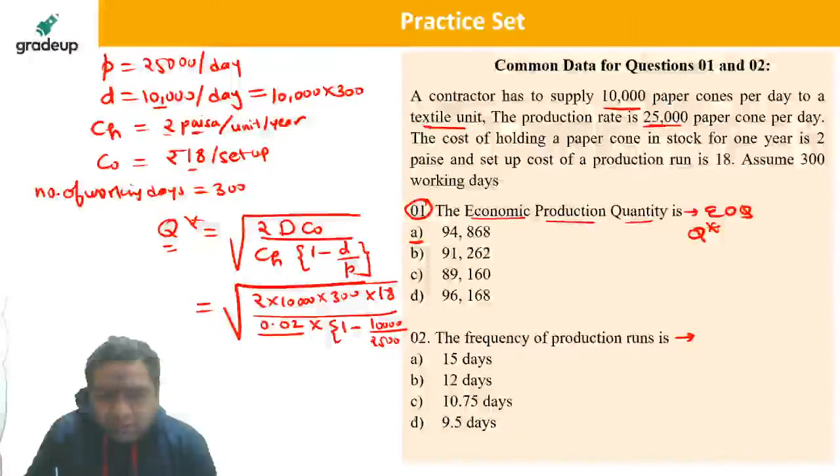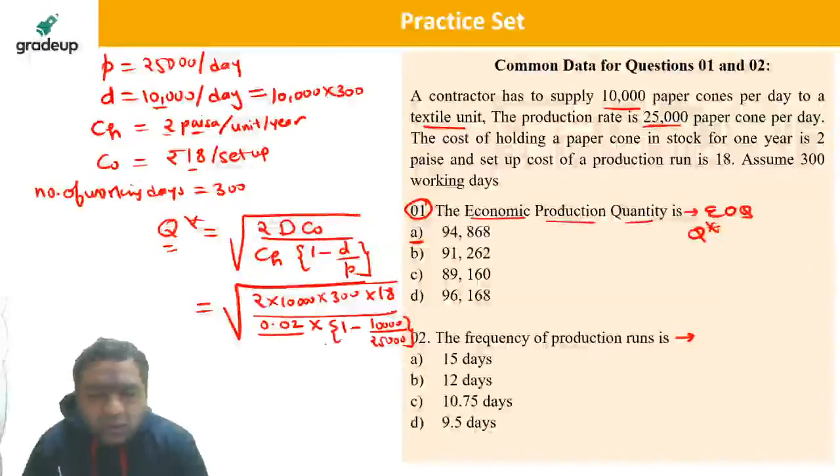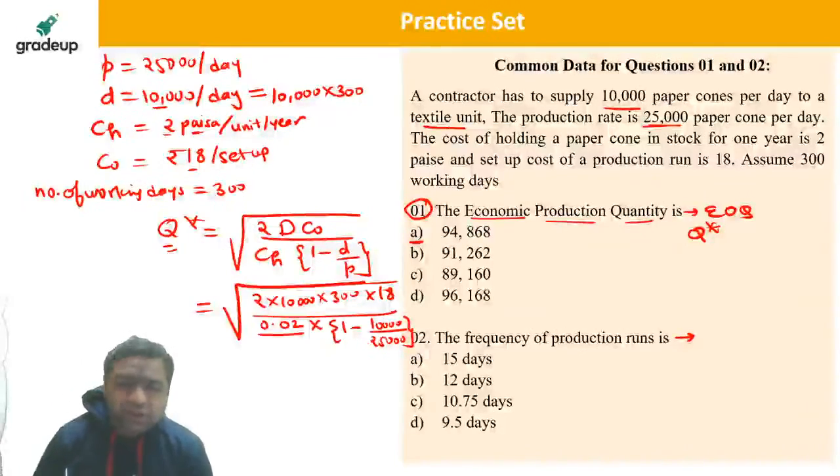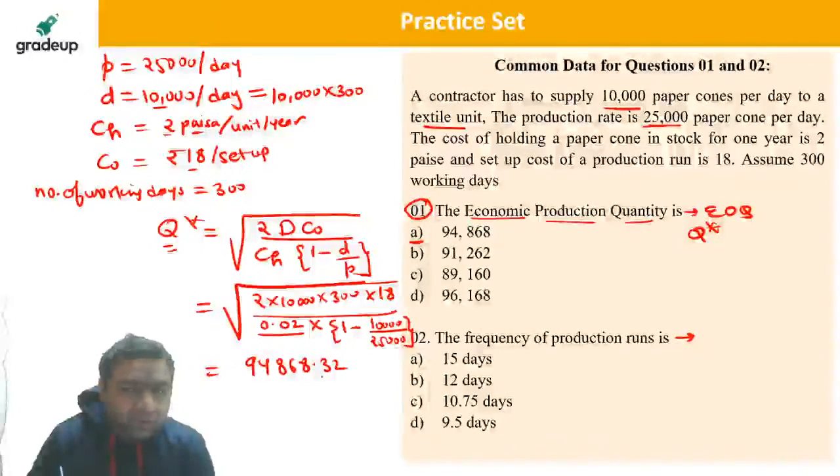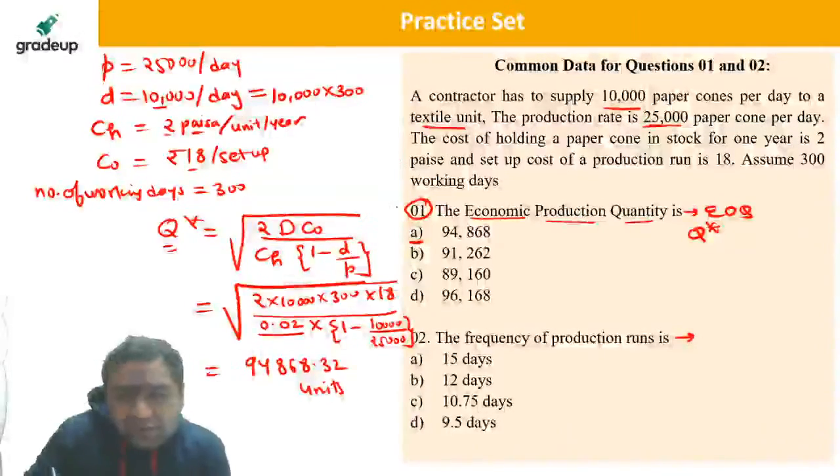Some students have confusion here: sir, why have you not converted that 10,000 into month or year? Because both have the same unit, so it is a ratio, and a ratio is unitless. You will get the answer to be 94,868.32 units. Yes, Jay, your answer is correct.